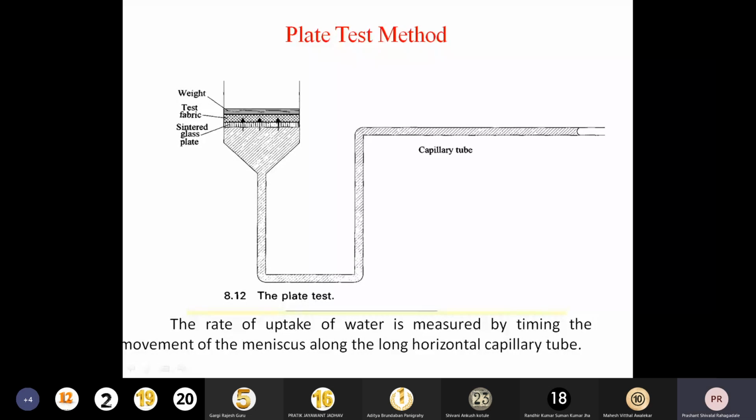Now in transverse wicking, the transmission of water takes place through the thickness of your fabric. That means it is perpendicular to the plane of the fabric, or very simply, the thickness of the fabric.